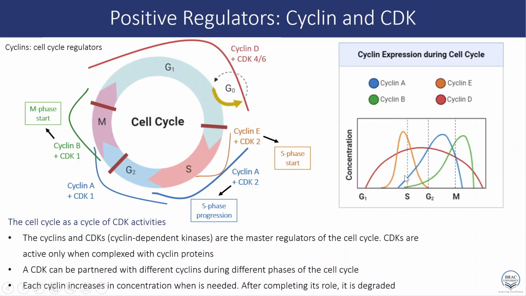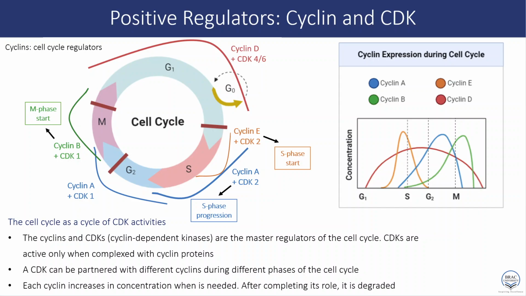This blue one is cyclin A. The concentration of cyclin A increases at the end of the G1 phase, or you can say at the start of the S phase, up to the M phase. Also cyclin B starts to grow, its concentration rises at the start of the S phase and ends at the middle of the M phase.